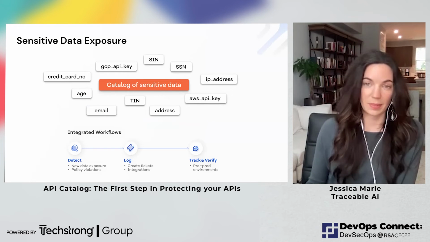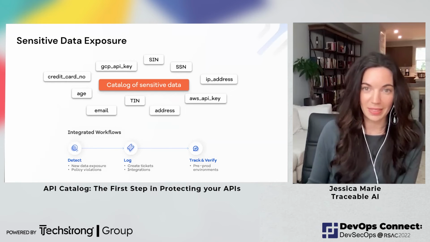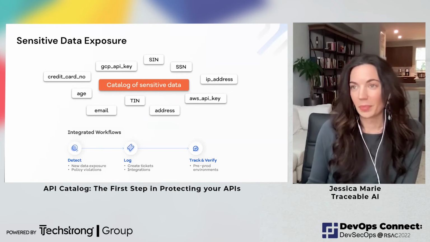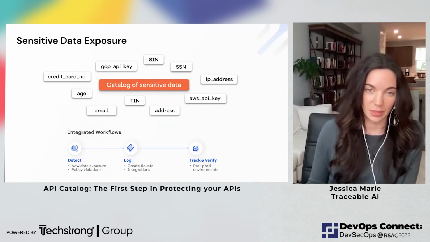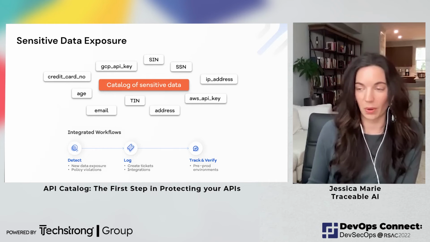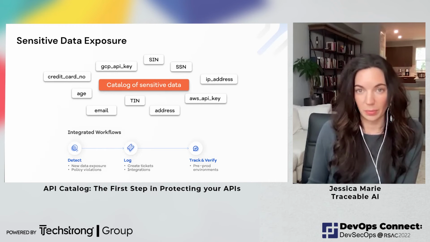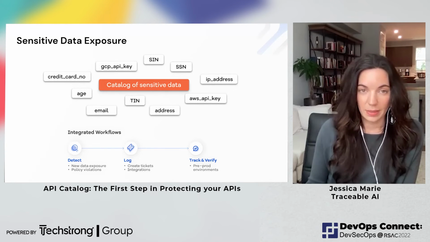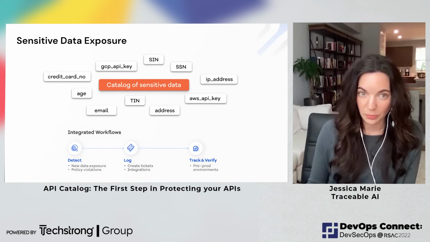And sensitive data exposure. So obviously, this is probably the number one issue across every security solution in existence. And certainly no conversation about API catalogs or discovery or API security posture is complete from a security perspective without talking about sensitive data.